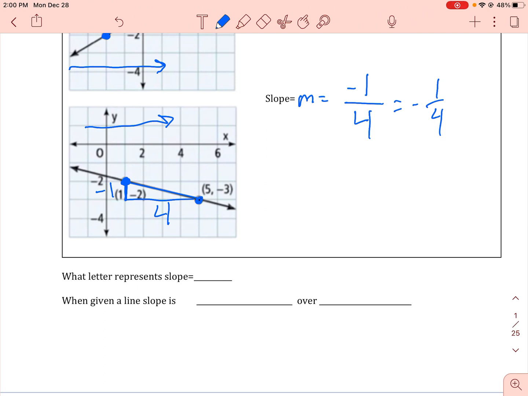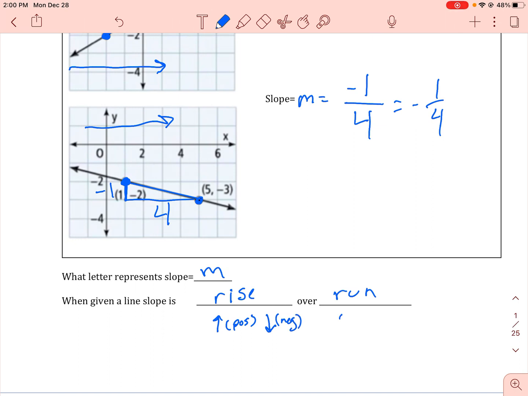The letter m represents slope. And then when given a line, like we were here, slope is rise over run. So you can go up, which is a positive number, or you can go down, which is a negative number. Okay?